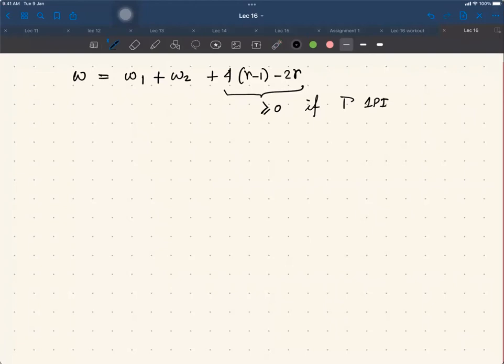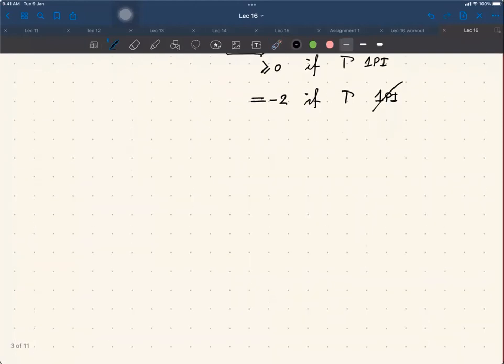So for r equal to 2, this is 0, and for r greater than 2, this will be positive, and this is minus 2 if gamma is non 1 pi, which is basically r equals 1.